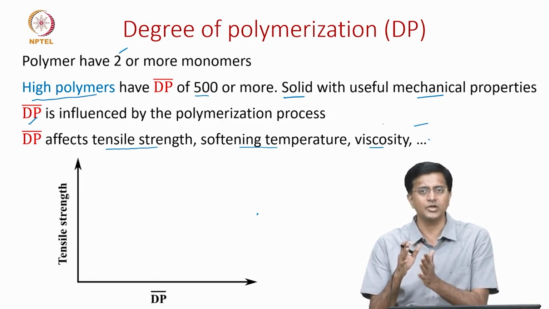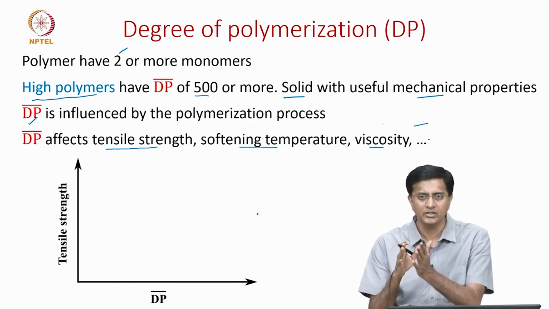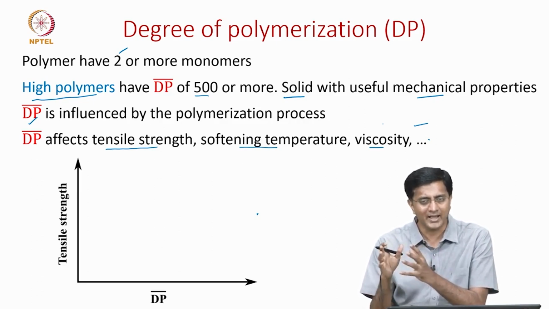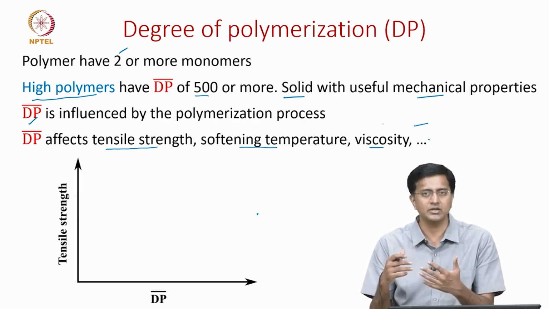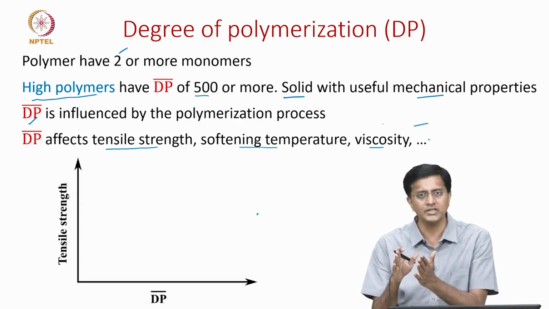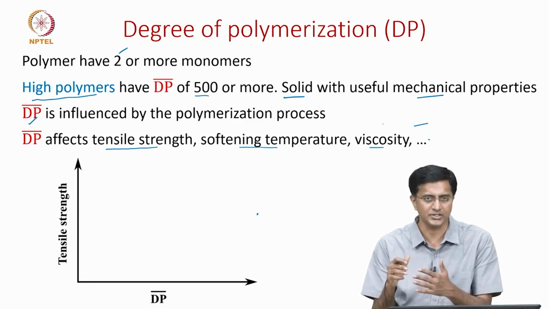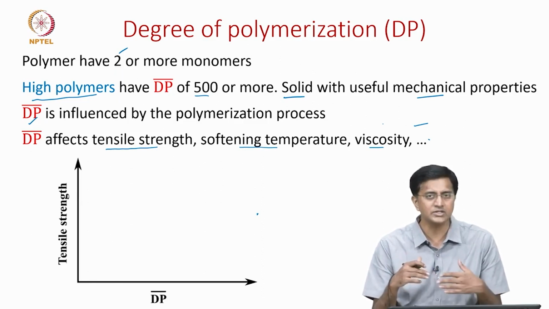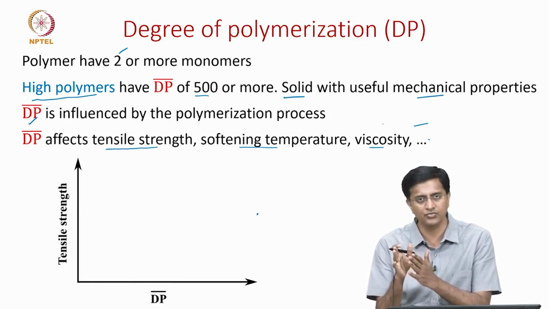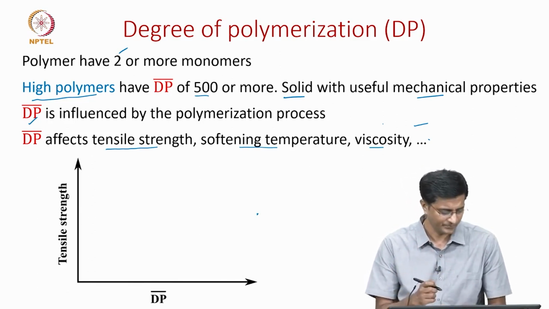So, when it is in a molten state, we expect that when it is fluid, the resistance to flow is less, but as you cool down, or as it polymerizes more and more, the resistance to flow is high, which means the viscosity increases. But here what we are saying is, if the average chain lengths are high, that resistance to deformation or the resistance to flow is high.